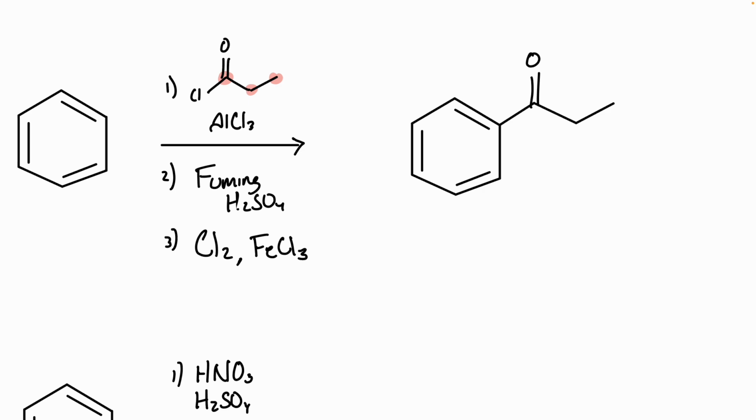But I've got to look at what's already on the ring and ask myself, is this an ortho/para or a meta-director? So this thing right here is which one? Meta. Anytime we have that carbonyl carbon next to the ring, that is a meta-director. So it'll direct that incoming substituent to either of those two meta positions. They're identical, so I only have to draw one.